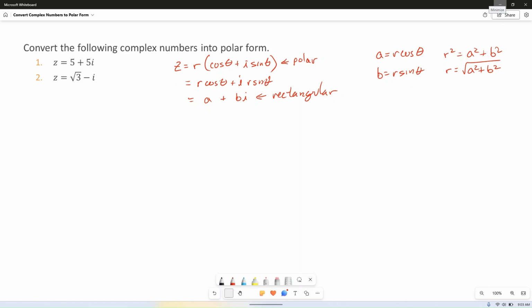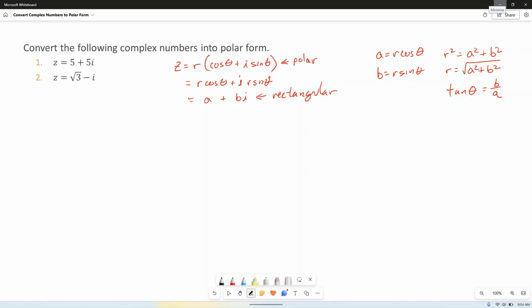Technically, it should be plus or minus. Just to keep life simple, we're going to always go with the positive square root. And then we're also going to have to deal with tangent of theta is equal to b over a. If you replace a with x and b with y, it's the same equations that we saw when we were converting polar coordinates and polar equations. So it's the same equations, we're just using a's and b's instead of x's and y's.